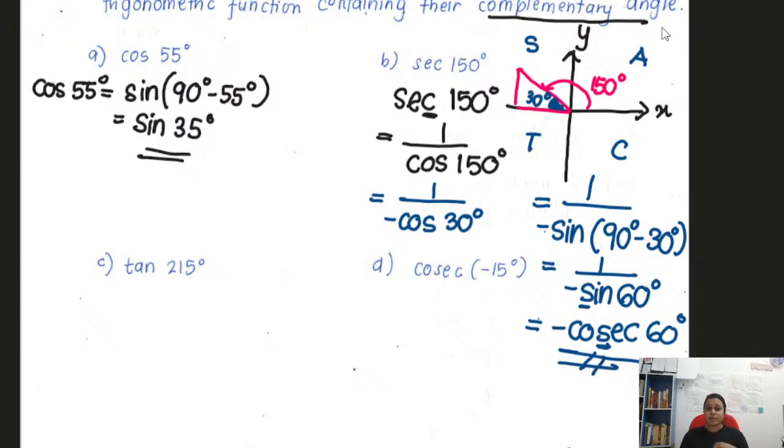Okay. So sekarang you can double check. Okay, you just double check whether this value 1 over negative cos 30 same with this or not. You can double check.